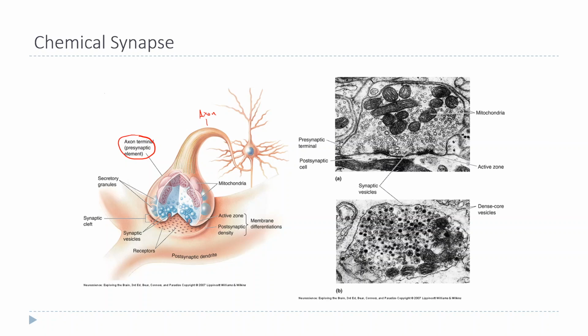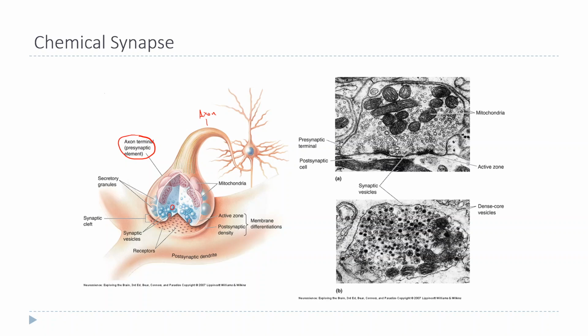And so inside the presynaptic terminal, you have mitochondria, but importantly, you also have these little bubbles of membrane called synaptic vesicles. These vesicles are just little spheres of membrane, and some of them can come from the axon, so they're carried down the axon from the cell body along these microtubules.